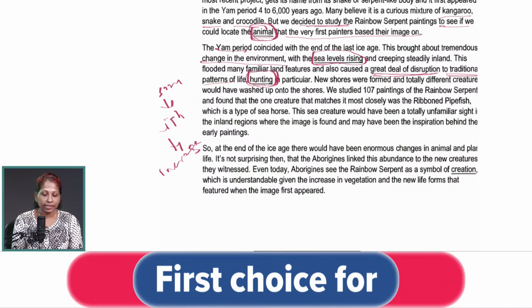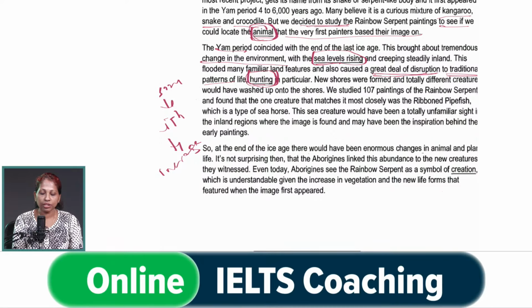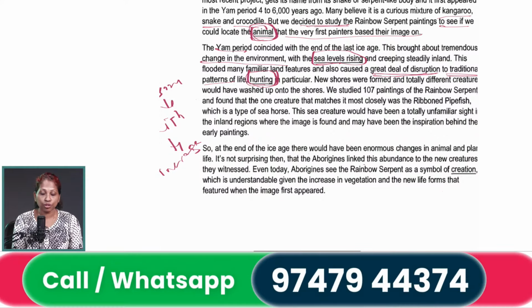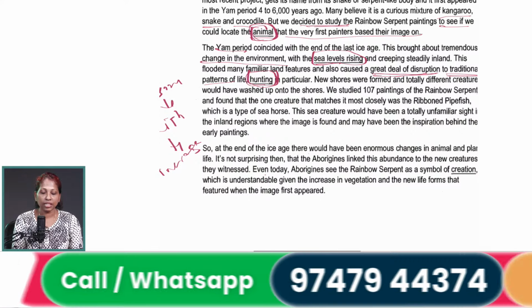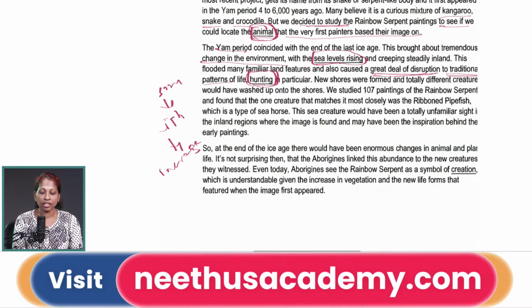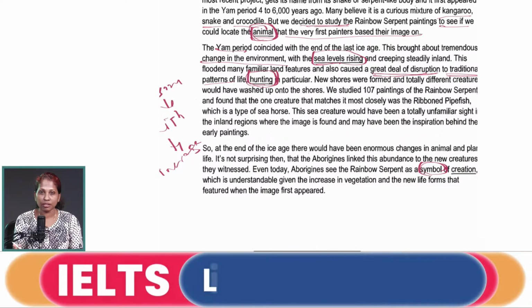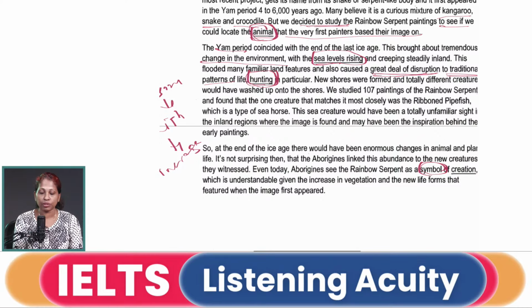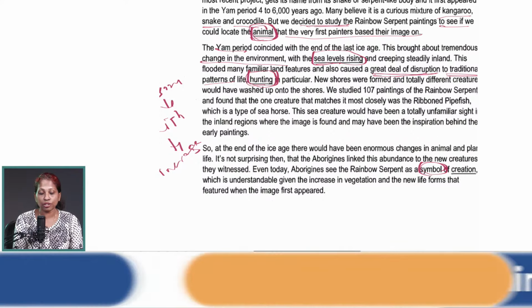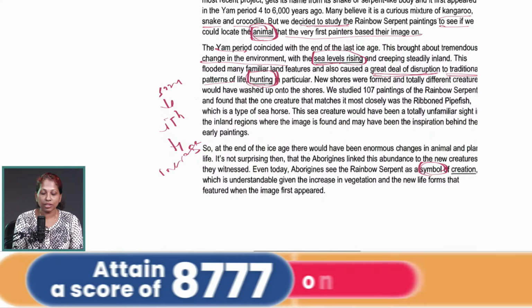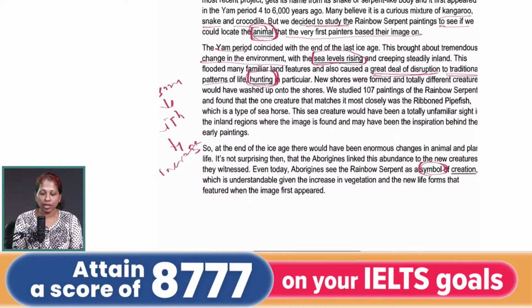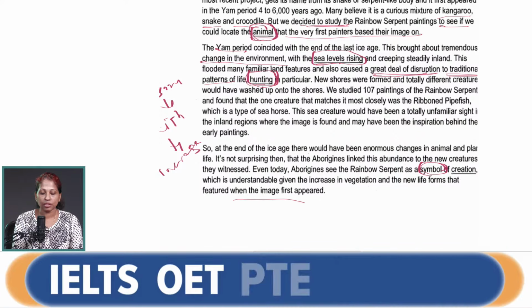So at the end of the ice age, there would have been enormous changes in animal and plant life. It's not surprising then that the Aborigines linked this abundance to the new creatures they witnessed. Even today, Aborigines see the rainbow serpent as a symbol of creation, which is understandable given the increase in vegetation and the new life forms that featured when the image first appeared.